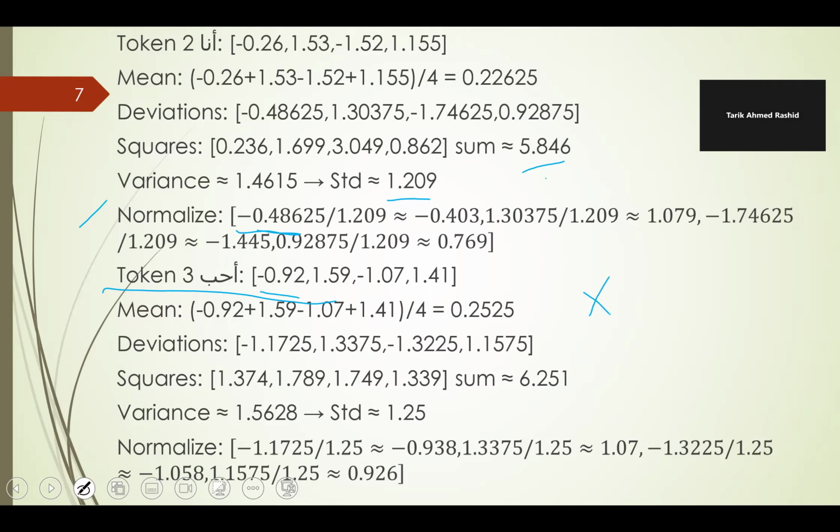So xi minus mean, and this would be squared over the standard deviation. Okay, so that's the results here and here and here and there as well.